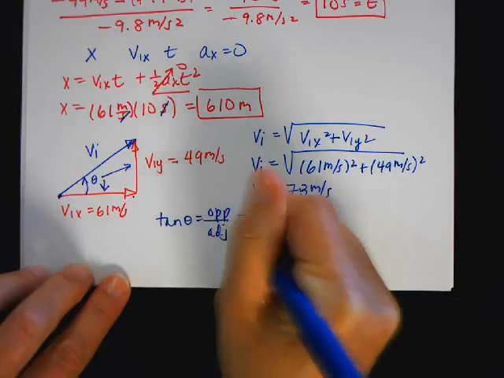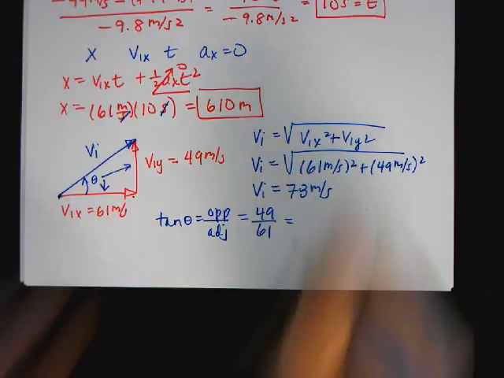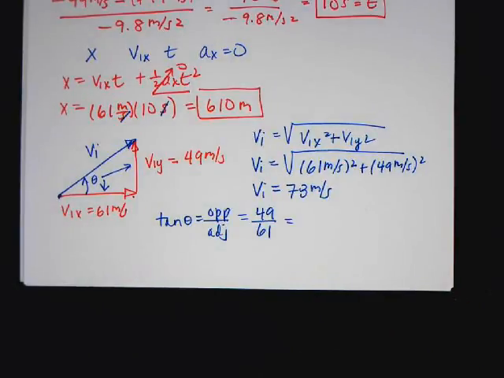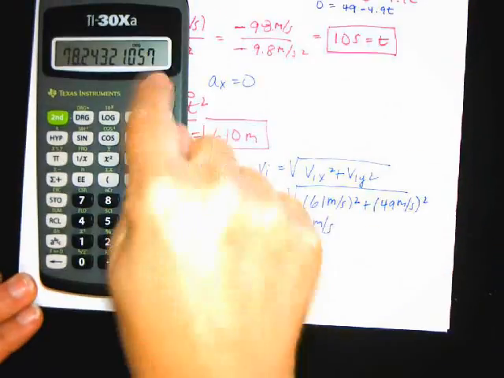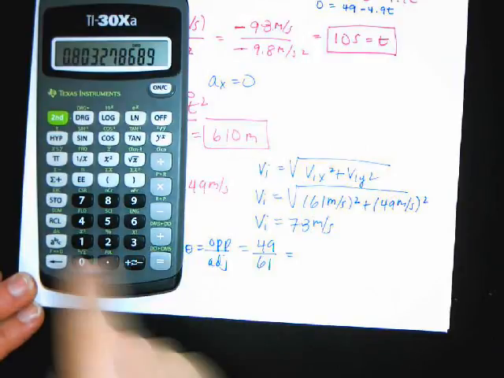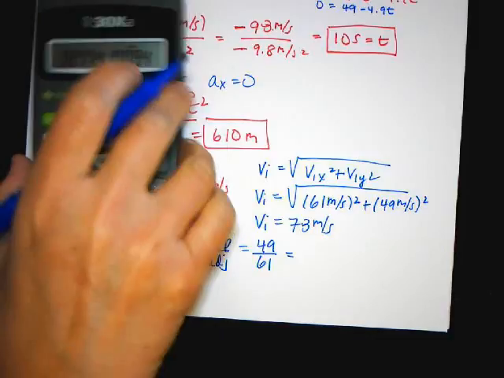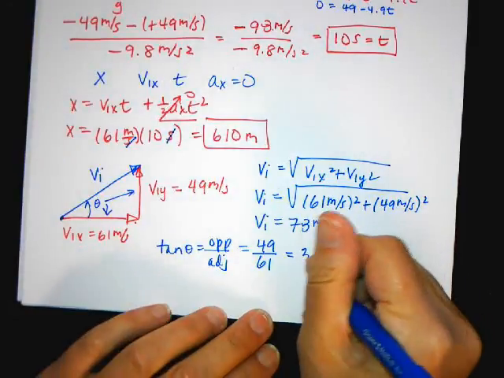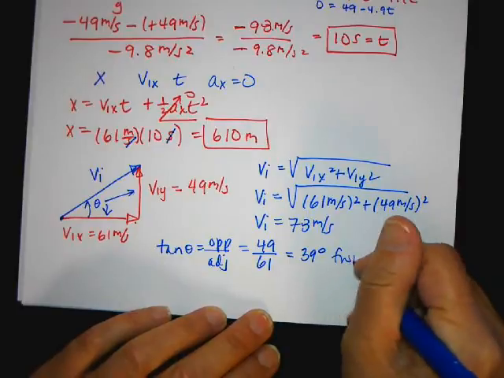So again, on my calculator, I would say 49 divided by 61 equals second tan, and it comes to about 38.7 degrees, so I'll just say 39 degrees, and I'll just say from the horizontal. And that's my direction. And that's it.